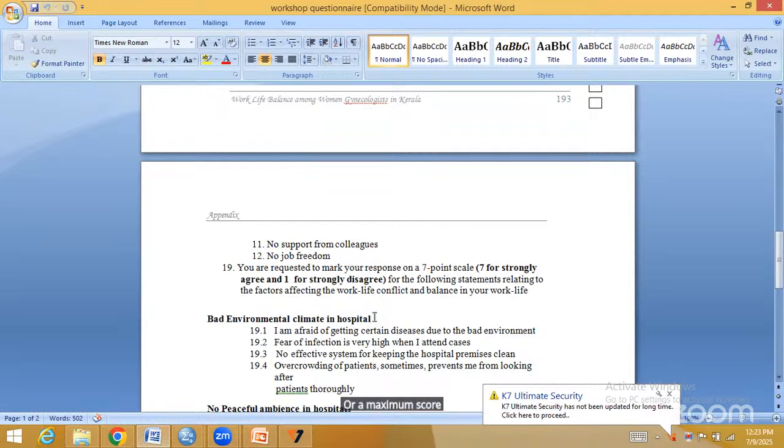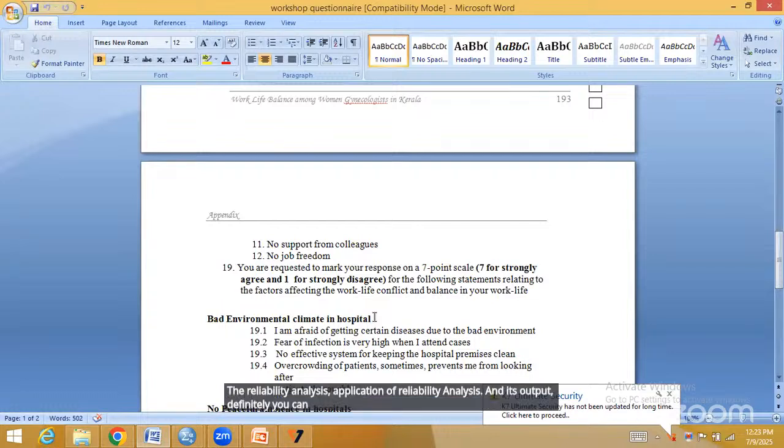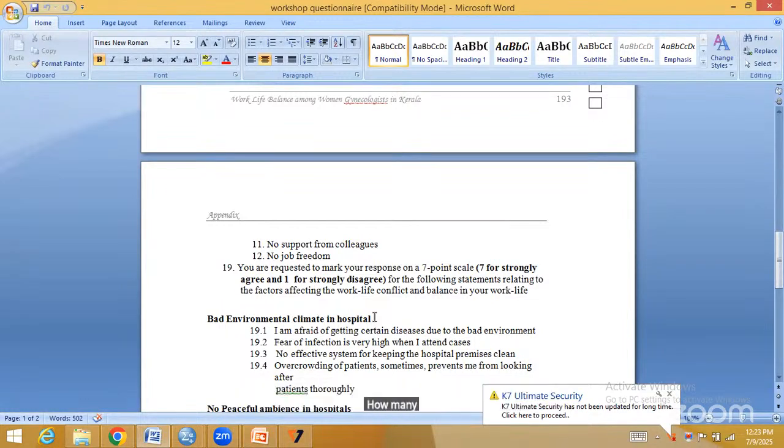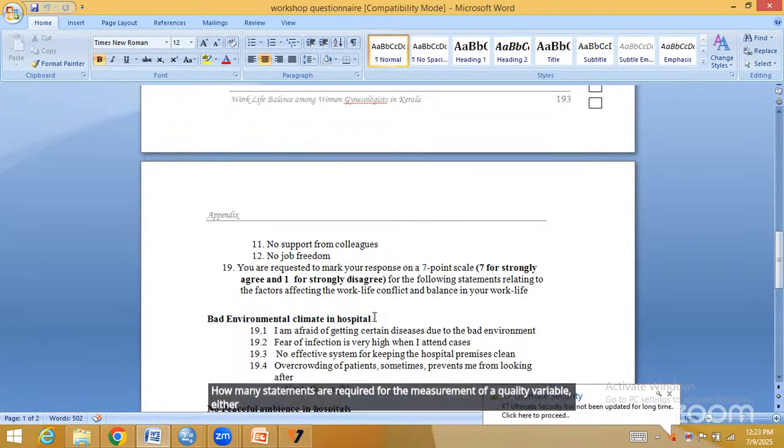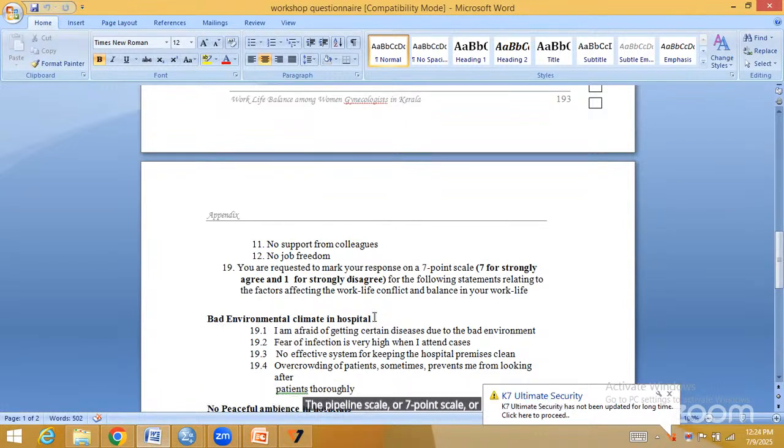And based on the application of reliability analysis and its output, definitely you can have an idea about how many statements are required for the measurement of a qualitative variable, either based on the 5-point scale or 7-point scale or maximum. So that is why interval scale is very, very important in social science research. Interval scale is exclusively used for the measurement of a qualitative variable.